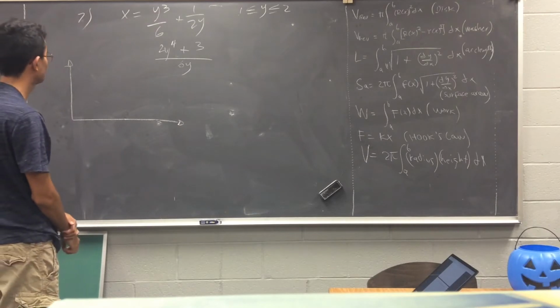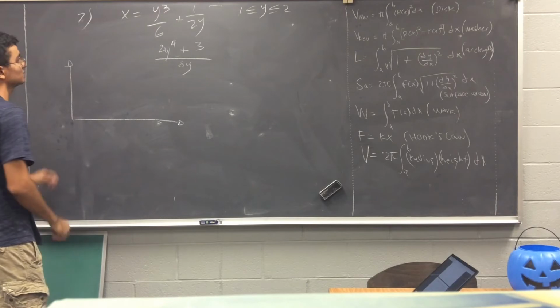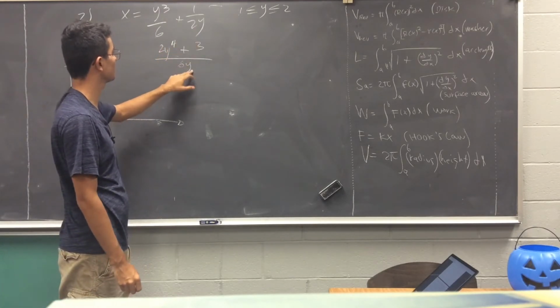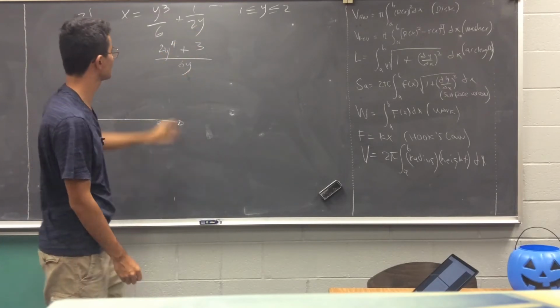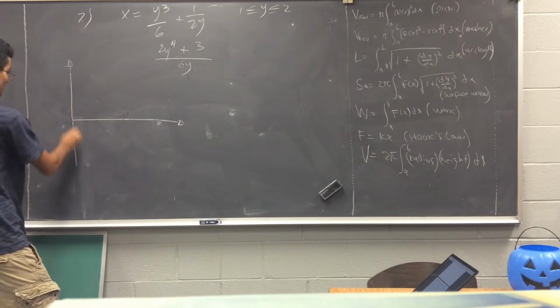What if we try just plugging in some values over here? What happens when y equals 0? Oh, look at that. When y equals 0, it's undefined. So we know for sure that there's going to be an asymptote at y equals 0.